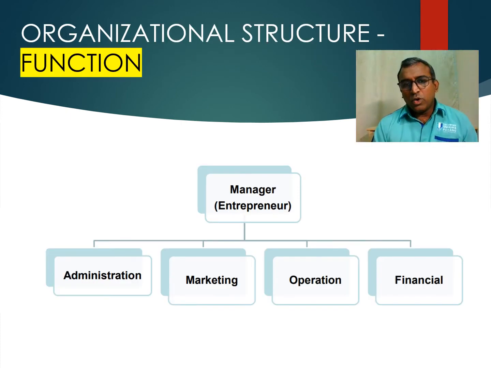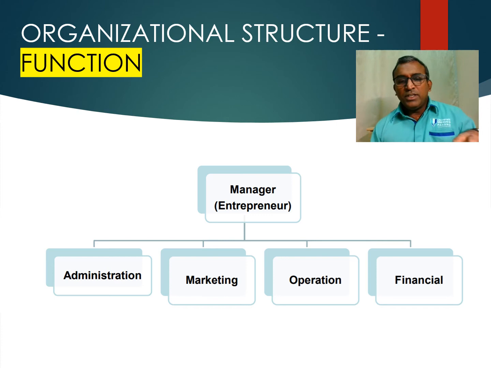Here is the common org chart, and this is based on function, and looks like the manager, the entrepreneur who started the company. This one can also be called, no need to call him manager, depending on how big the company is. Maybe he can also be given a position of CEO or COO. Looks like here they just call him manager.